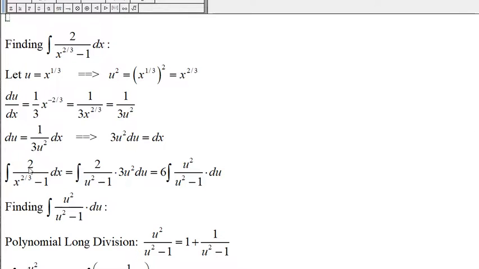And so now the integral of 2 over (x^(2/3) - 1) dx, this will be 2 over (u squared minus 1). dx is 3u squared du. 2 times 3 is 6, and then we have u squared over u squared minus 1.